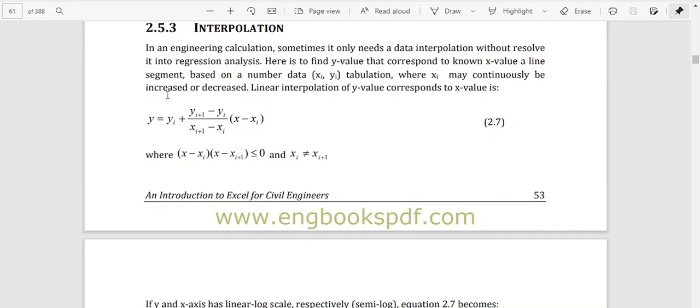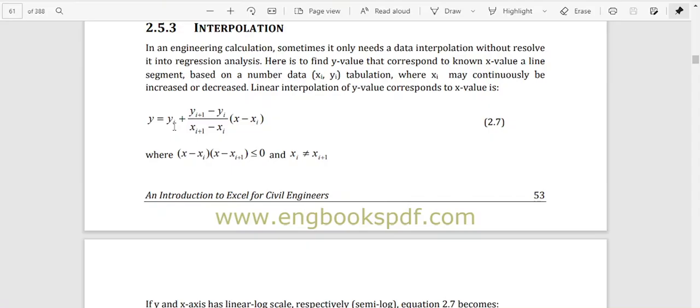In this formula, y is the value that is being looked for. yi is the value below the value being looked for, and yi plus 1 is the value that is greater than the value being looked for.